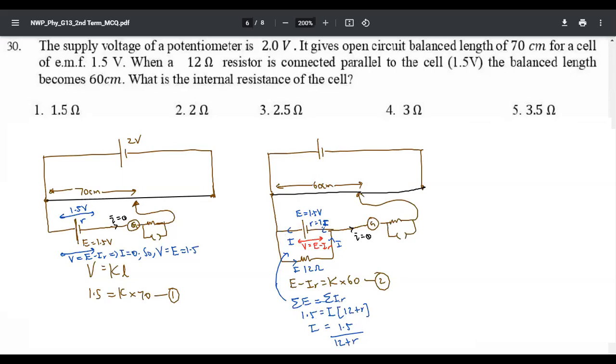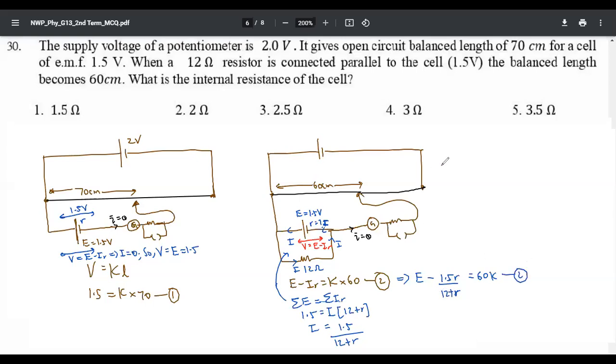And then now I have an equation for I to substitute. Therefore, this equation can be altered to 1.5 over 12 plus R into R. 1.5 R. That is equal to 60K. Fine, then this is the second equation.